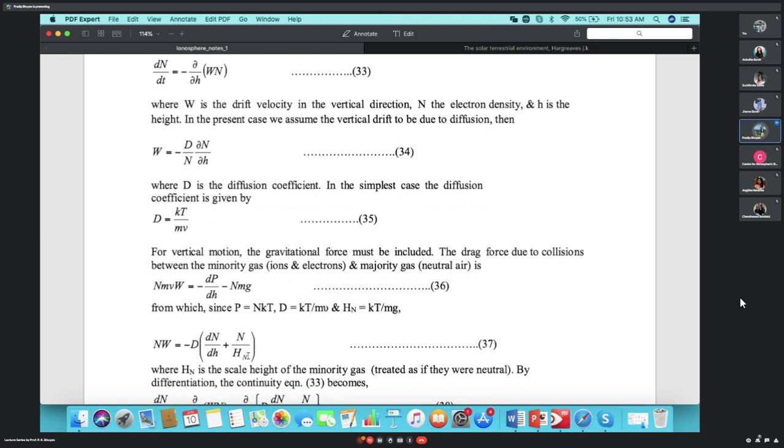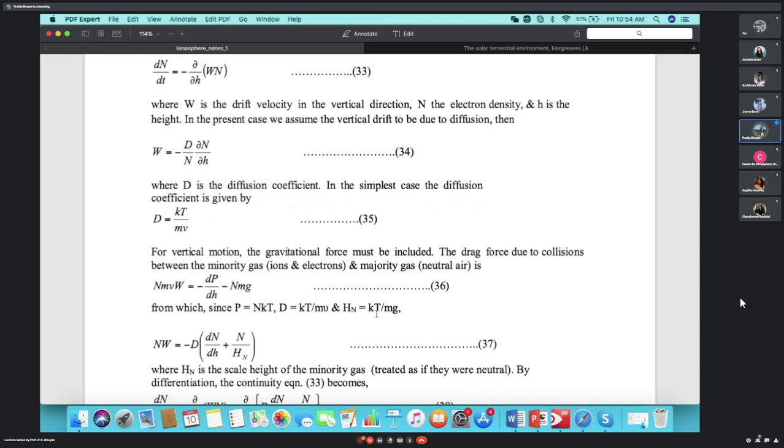Scale height for the majority gas will be different because the mass is different. Scale height at, say, 10, 20 or 30 kilometers will definitely be different because the mass is different. Temperature is also different. So your H for the majority gas, the neutral air, will always be different from the H for the ions and electrons. Mass is different, temperature is also different, only k remaining constant.